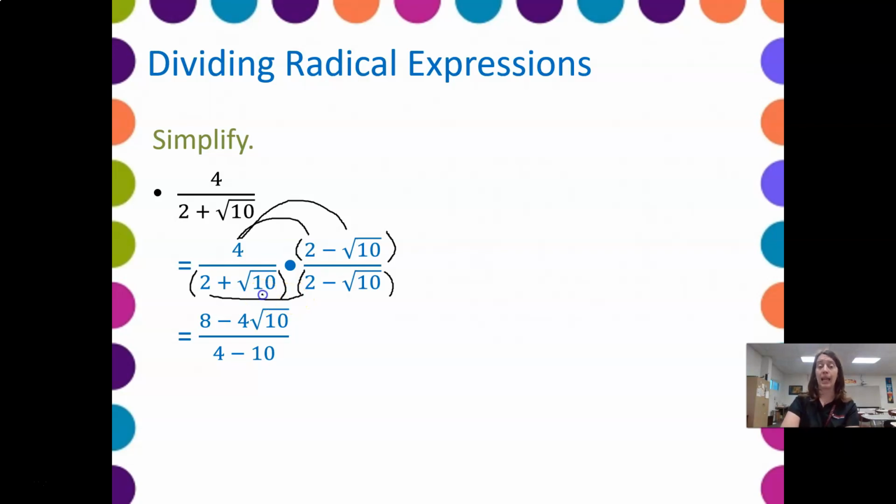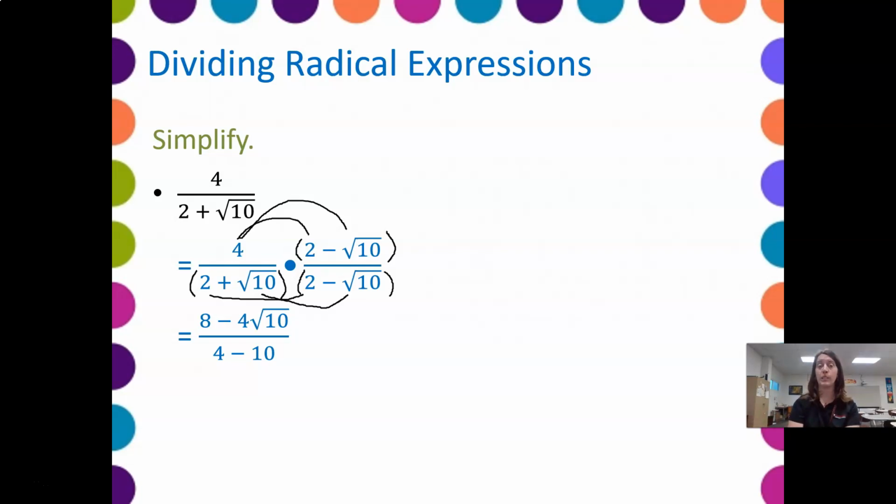The last pieces that I have are square root 10 times negative square root 10. Well, positive times negative is going to be a subtraction sign. The sign that you have in the denominator of your fraction is actually always going to be a subtraction sign after you multiply, because you're always going to be multiplying a positive and a negative number together for those last terms.